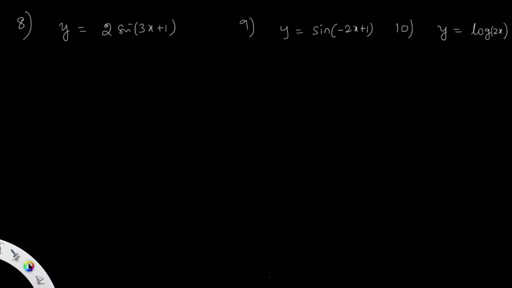Yes, what is this answer? It depends only on the function as 2 pi by the x coefficient, which is 3, so the value is 2 pi by 3. If it is positive, you can take the value as positive only. Okay, what about the remaining?